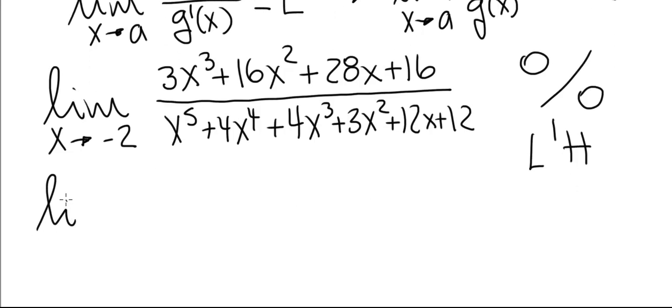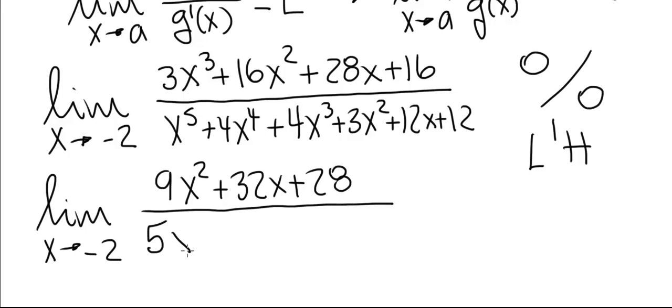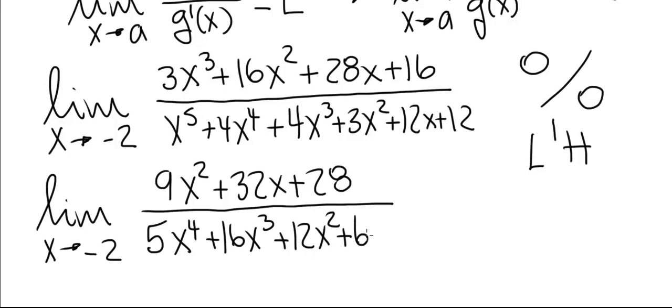So this is the same as the limit as x approaches minus 2. The derivative of the numerator will be 9x squared plus 32x plus 28. The derivative of the denominator is 5x to the fourth plus 16x to the third plus 12x squared plus 6x plus 12.